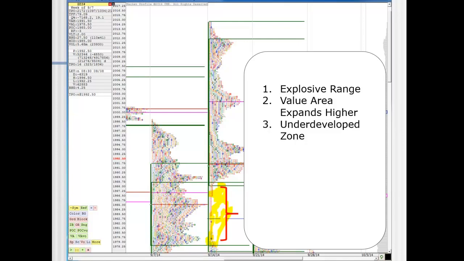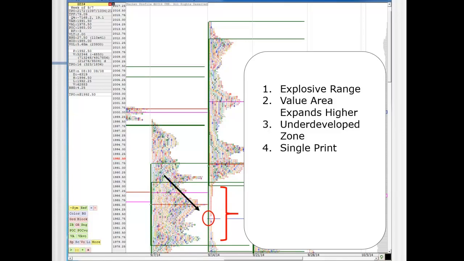And anytime there are things out of the ordinary, there are opportunities in the market. So that underdeveloped area is very important for me, and I'm going to show you how we will use it and how it will help us to identify potential opportunities. But not yet. There's more to be observed in this auction.